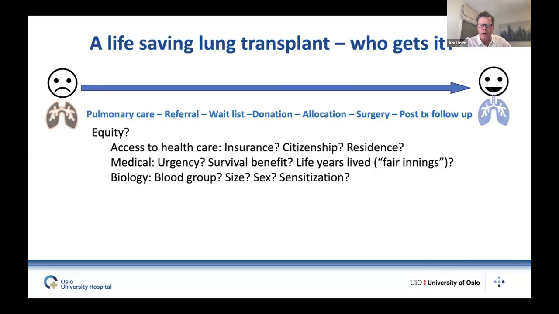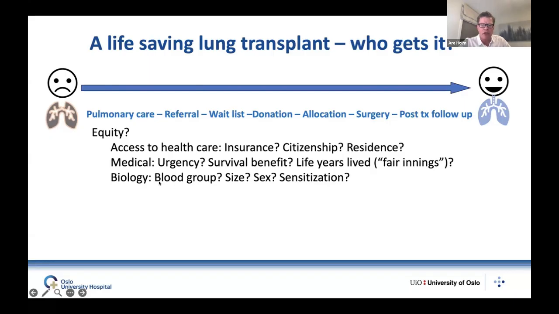And where are the inequities? Are they in the access to healthcare, insurance, citizenship maybe, or residence where you live? Are they medical? The rate of urgency or the sum of urgency and the prospects of survival, or maybe the life years lived, the fair innings, which would give priority to those who have lived the fewest lives, which means younger people.